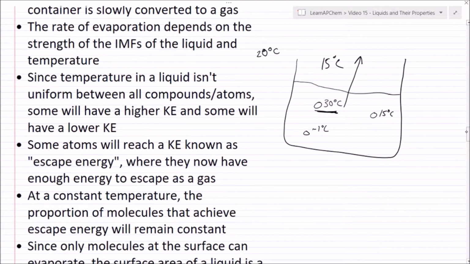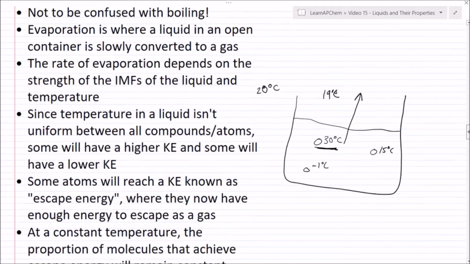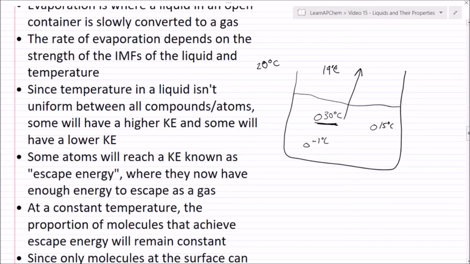So if this was, instead of 15 degrees Celsius, let's say 19, we're going to have more atoms reaching the escape energy, and thus more being converted to a gas. So again, factors affecting our evaporation rate are temperature and the strength of the IMFs in a liquid.